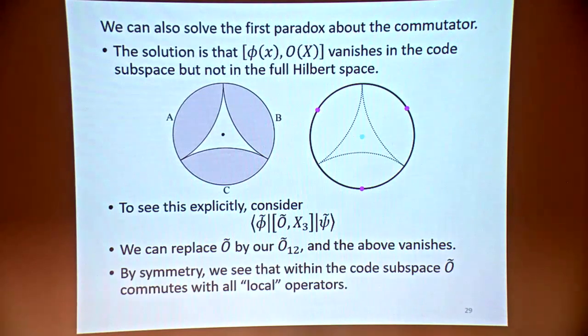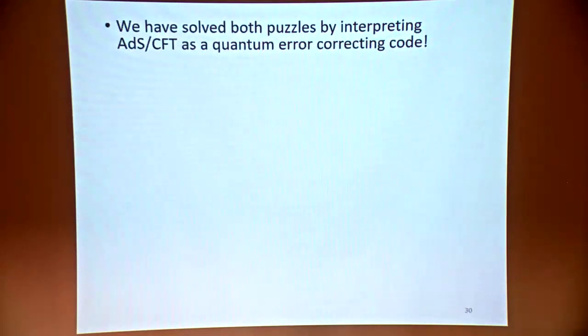So we can consider x1 or x2, and we have seen that within the code subspace, O tilde actually commutes with all local operators in this setting. This is the feature that we have seen also from AdS/CFT, that the bulk operator in the center seems to commute with all local operators in the CFT at a fixed time slice. And this is the explanation for that. So we have solved both puzzles by interpreting AdS/CFT as a quantum error correcting code.